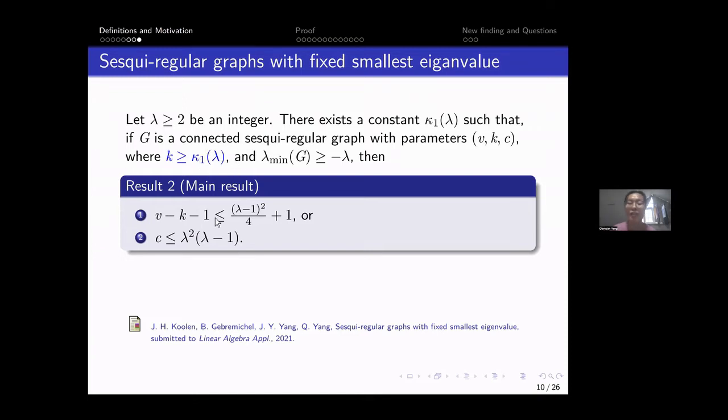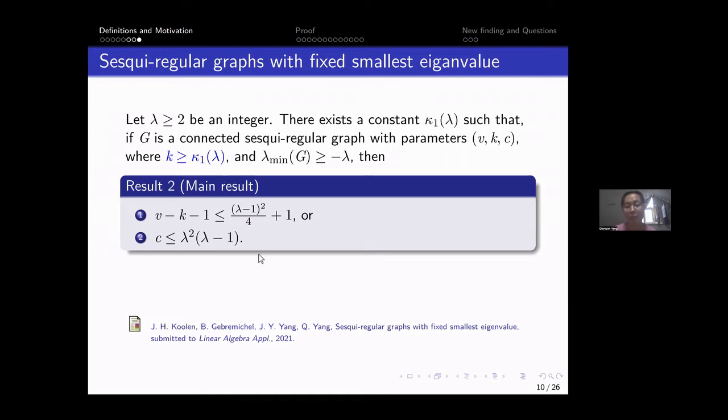Then we can give a more precise upper bound on the parameter C. This is our result. So in this result, we really need the condition that the valency is very, very large.